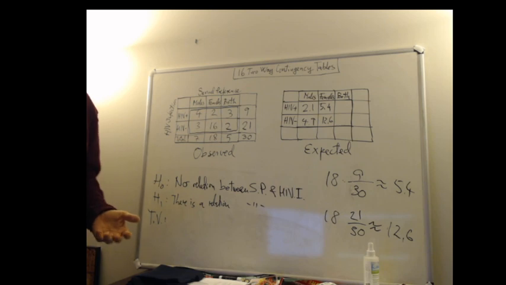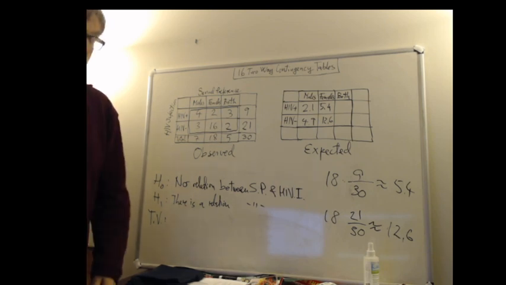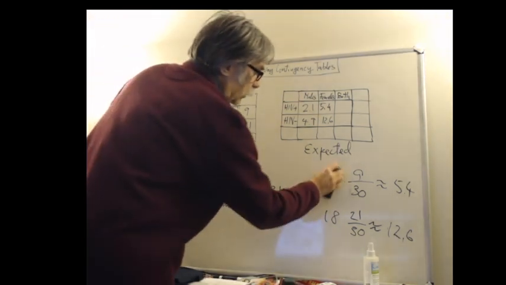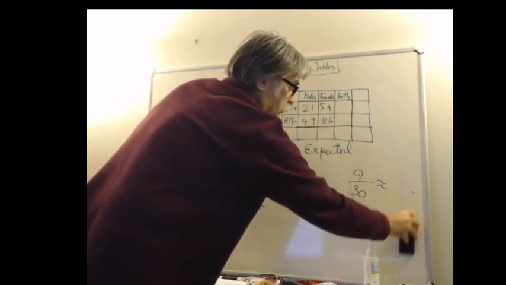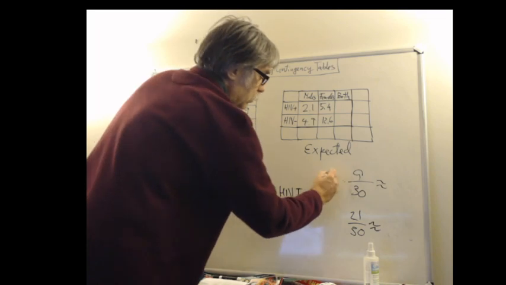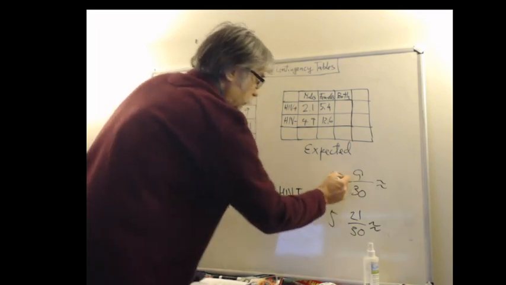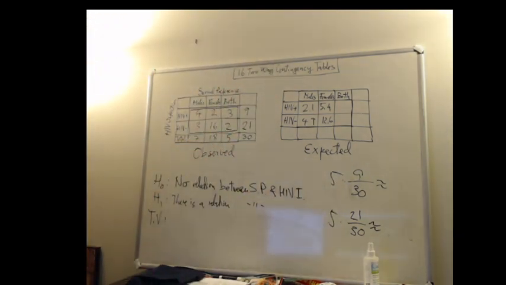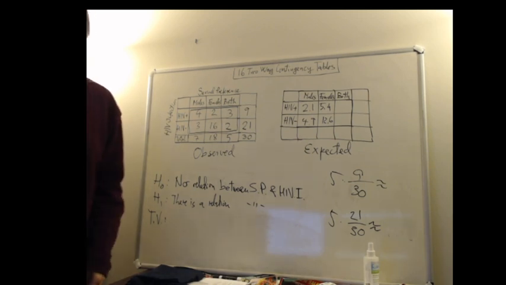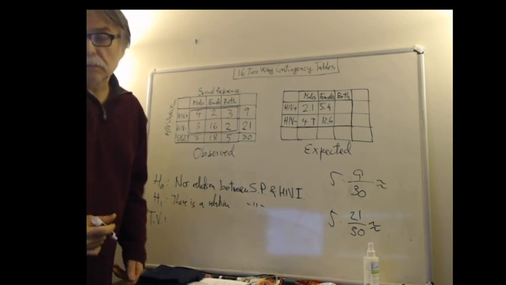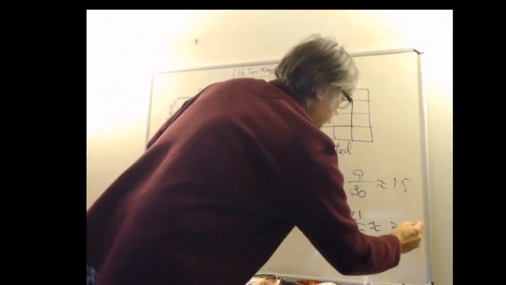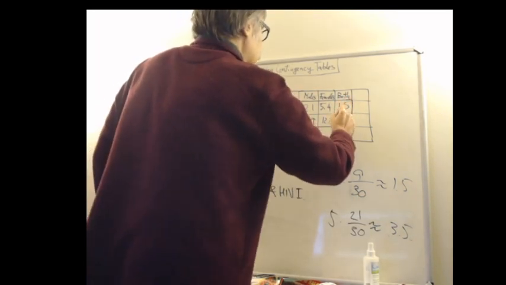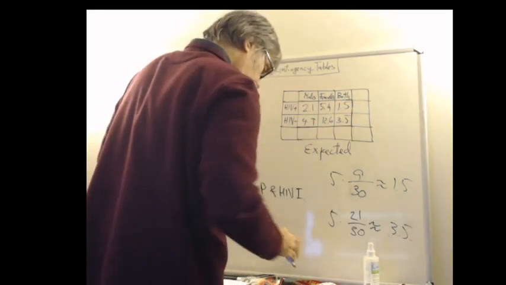So I simply use the number of bisexuals here, 5, to come up with the expected values. I got 1.5 and 3.5 here.